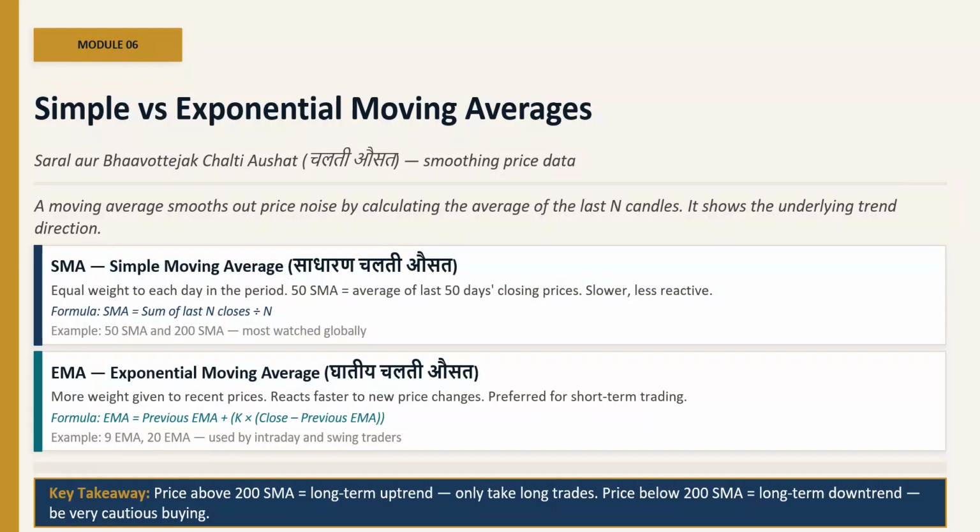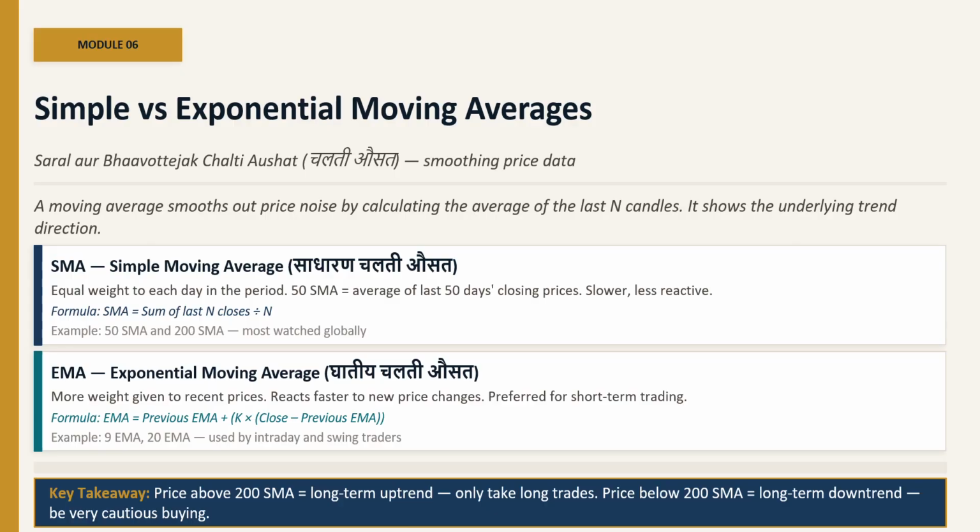SMA versus EMA. A moving average smooths out price noise by calculating the average of the last n periods. The 50 simple moving average, for example, is the average closing price of the last 50 trading days. The simple moving average or SMA gives equal weight to every day in the period.